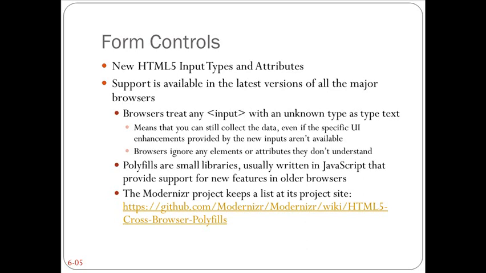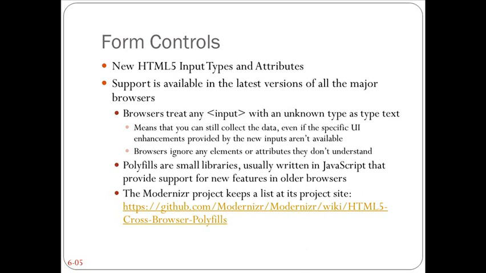Browsers ignore any elements or attributes that they don't understand. So they understand the input but wouldn't understand the type of, let's say, color. Therefore, it would just treat it as a text box and the person could type in the color. There are what are called polyfills, which are nothing more than small libraries, usually written in JavaScript, that provide support for new features in older browsers.